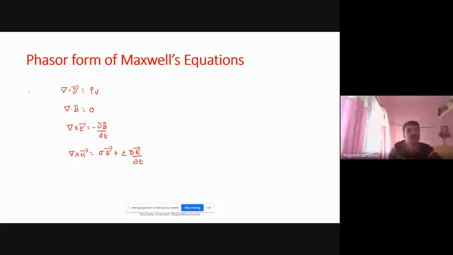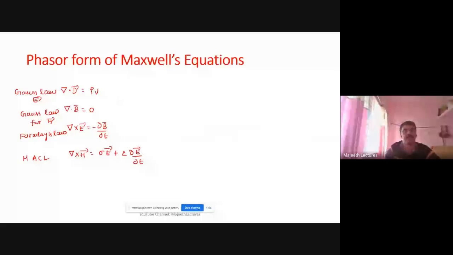This is what the Maxwell's equation. This is Gauss law for E field, right? This is Gauss law for H. This is magnetic field. Third one is Faraday's law. Fourth one is modified Ampere's circuital law or Maxwell's Ampere law.